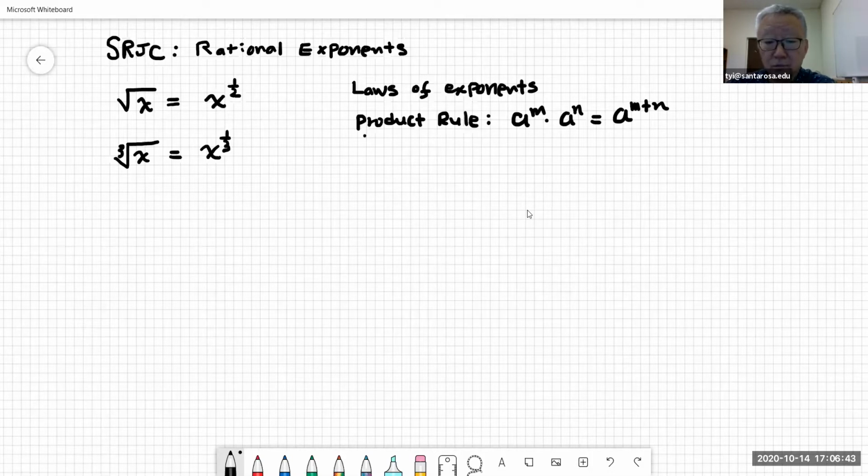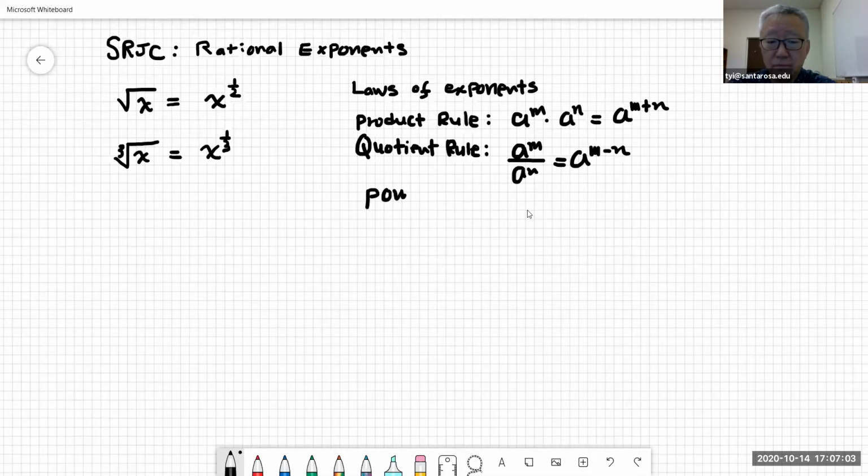The quotient rule: if I have a to the m over a to the n, you subtract. And then we have a power rule. So if I have a to the m to the n, that's going to be m times n.